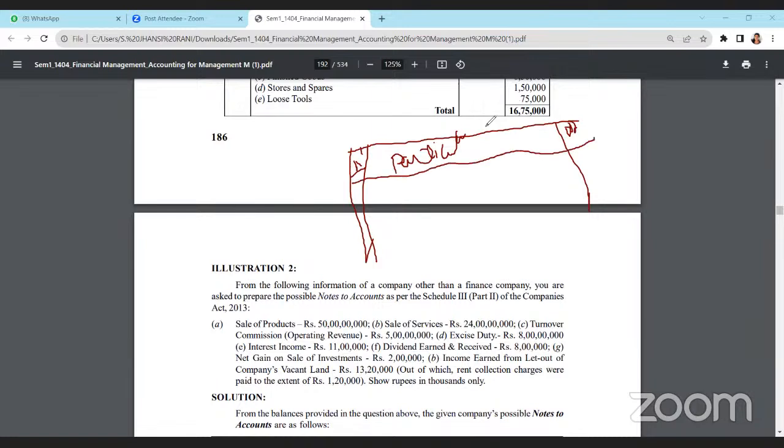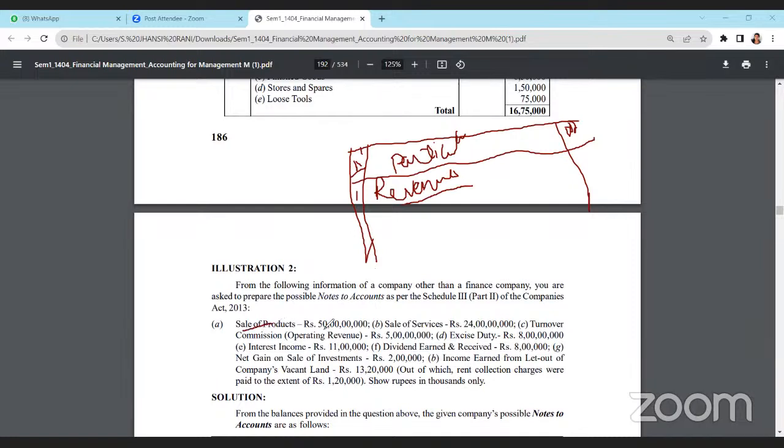As per the format, the first one is revenue from operations. Here they are asking only to find out income, not the total profit and loss account.